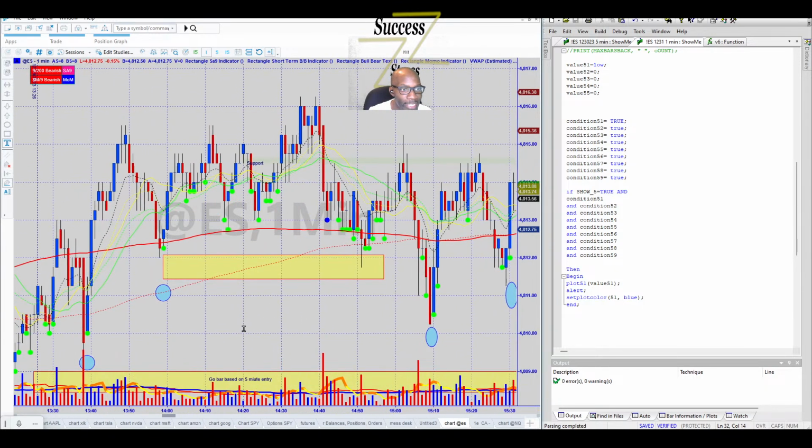So I think just a simple one that I want to say is I don't want it to be a doji bar, right? You see how this bar here is like a doji. It opens and closes at the same spot. That shows true indecision, and we don't want to enter on one of those bars.